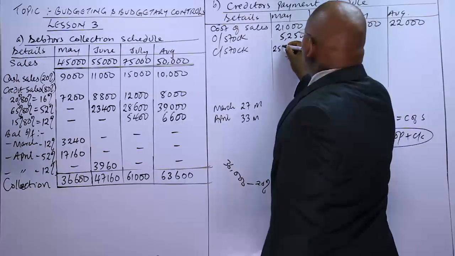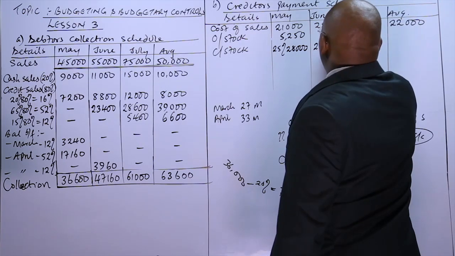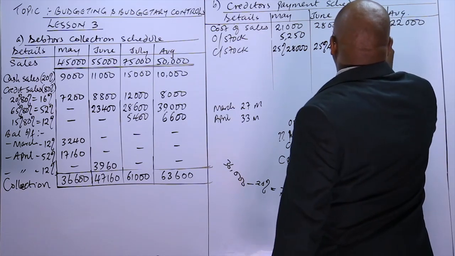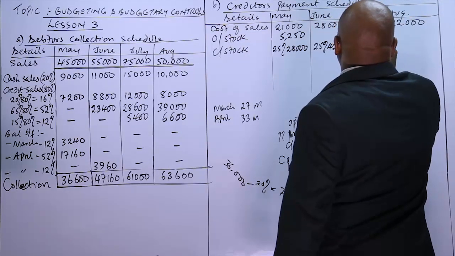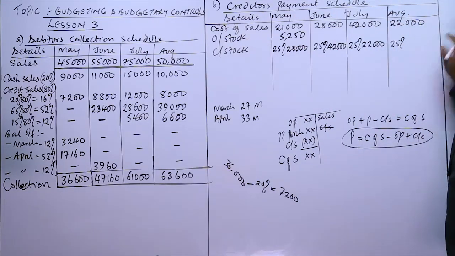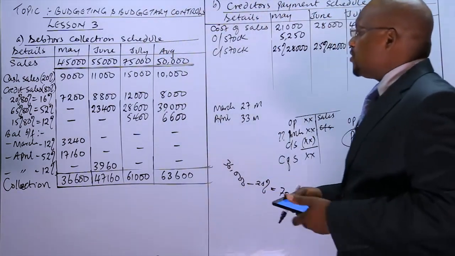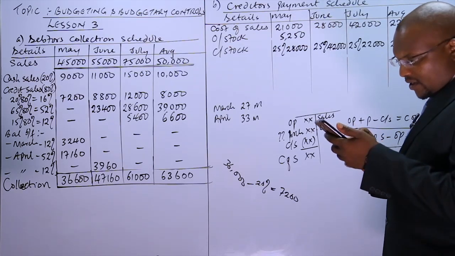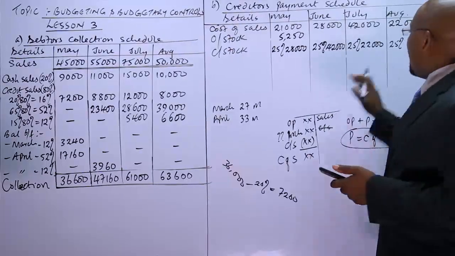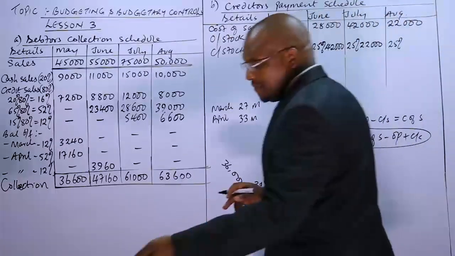So 25% of the month of June, which is 28,000, 25% of the cost of sales of July, 25% of the cost of sales of the month of August, 22,000, and 25% of the month of September, which if we don't have, then we can't work out the cash budget or the creditors payment schedule for the month of August, only up to the month of July, which is okay. So let's leave it that way. So let's have this 25%.